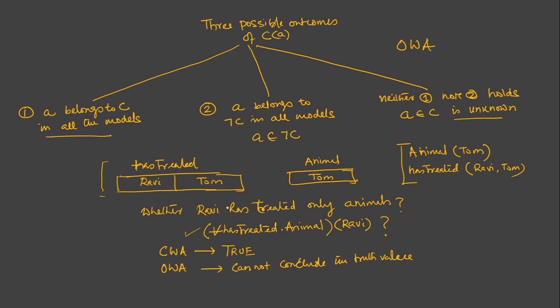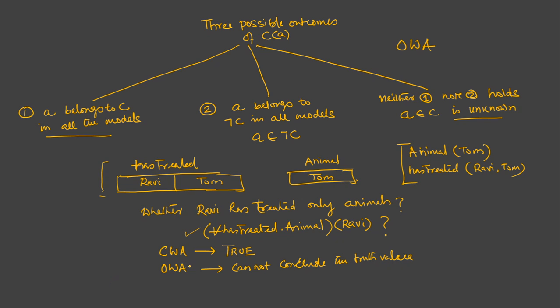Why? Because there might be another model where Ravi has treated someone. We might have another model where Ravi has treated something else which is not an animal. So in that case, I cannot say Ravi has treated only animals, right? To ensure that, we need to assert.